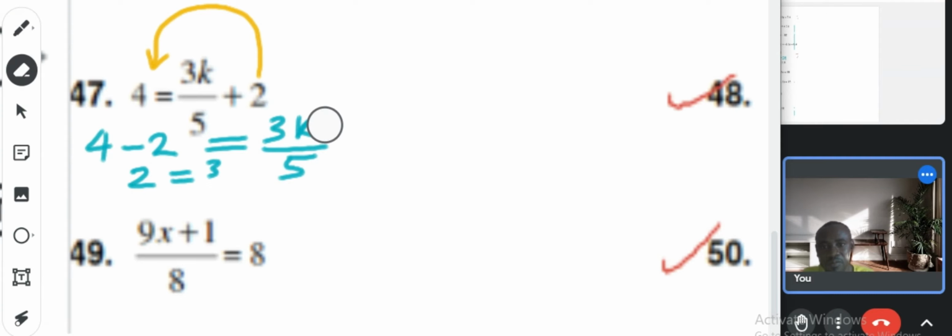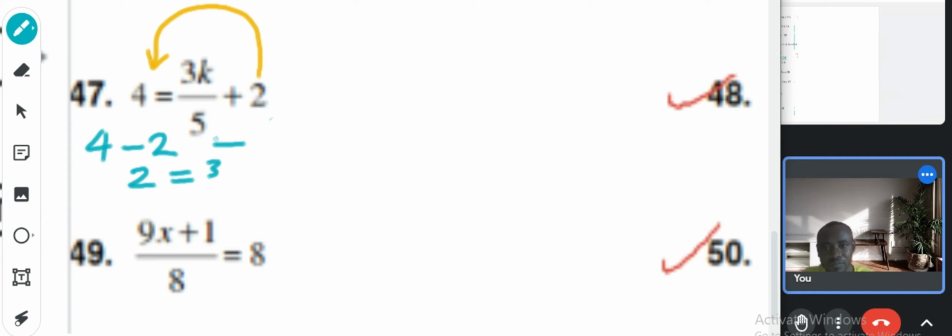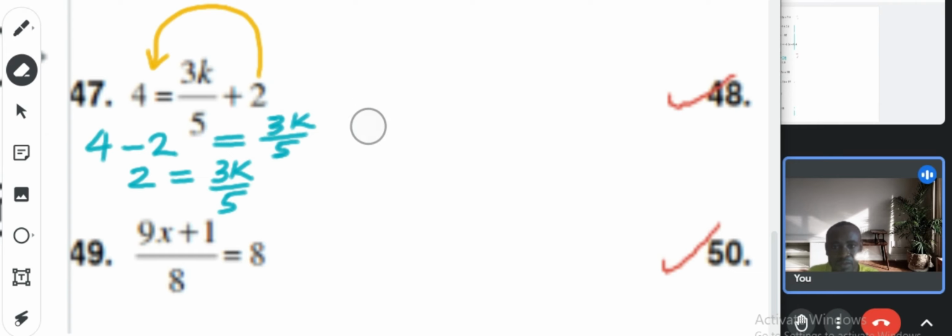So let me write this properly. Just a moment, let me write it first of all. 3k over 5. Yes, I think we can finish it up on this side.